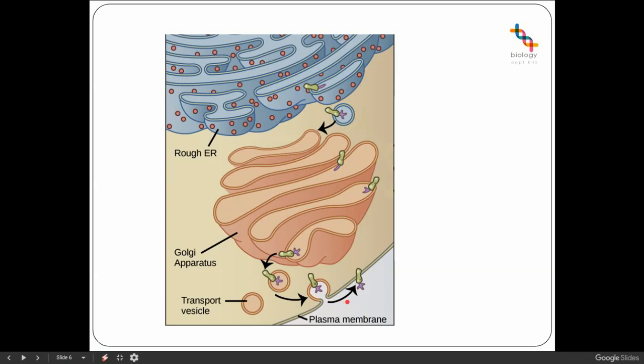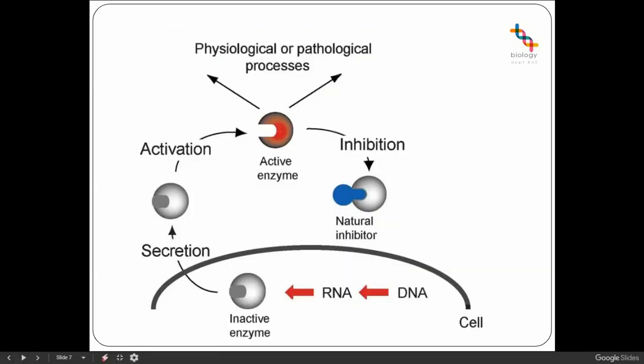When this happens, often secreted proteins are synthesized as what we refer to as inactive precursors. A really good example of this would be a digestive enzyme, which would be quite damaging to the cell if it was in its active state. Now, we previously looked at insulin as being an example of a protein which is inactive until it undergoes some kind of activation process, and usually that is proteolytic cleavage.